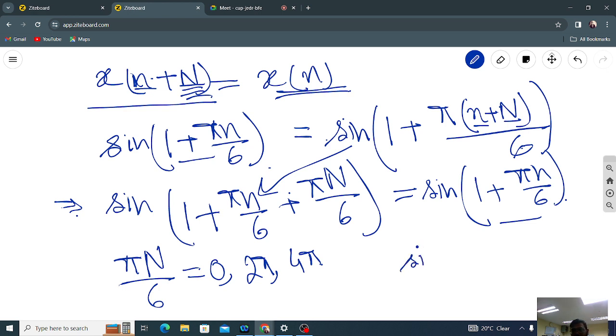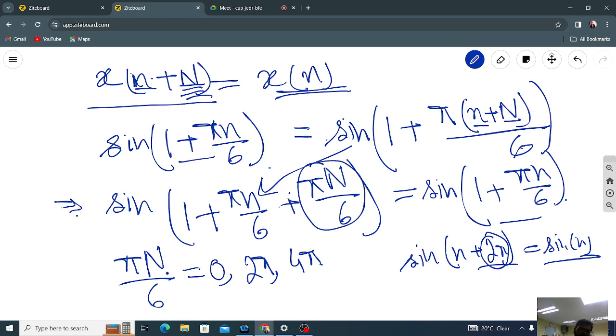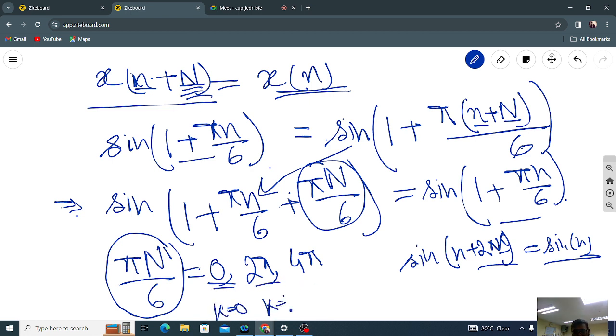This is because sine of n plus 2 pi equals sine of n. It is repeated with a particular period 2 pi. So this factor should be 2 pi, or 4 pi, or 0. So it is actually sine of n plus 2 pi into some constant k. Now if I vary the value of k, k is 0 here, k is 1 here, k is 2 here. So this will be 0, 2 pi, 4 pi.